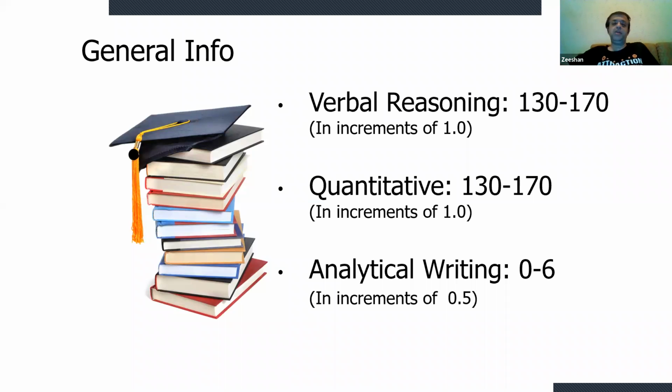You will be typing 2 essays in analytical writing, and the composite score of the 2 essays is between 0 to 6, 0 being the worst and 6 being the best. In analytical writing, you get scores in increments of 0.5. So you can get a 1.5, a 2, a 2.5, a 3, a 3.5, and so on.